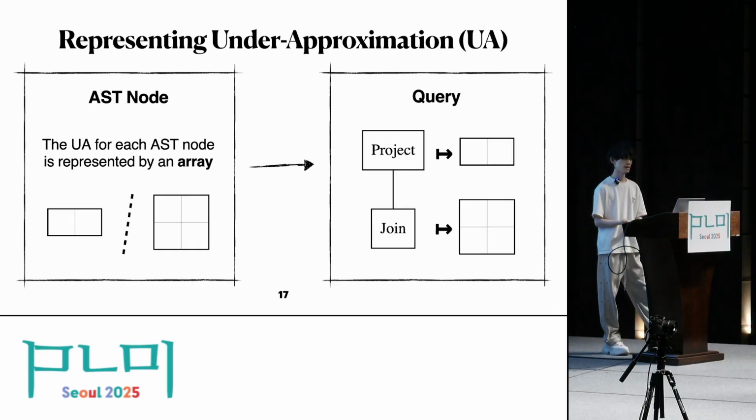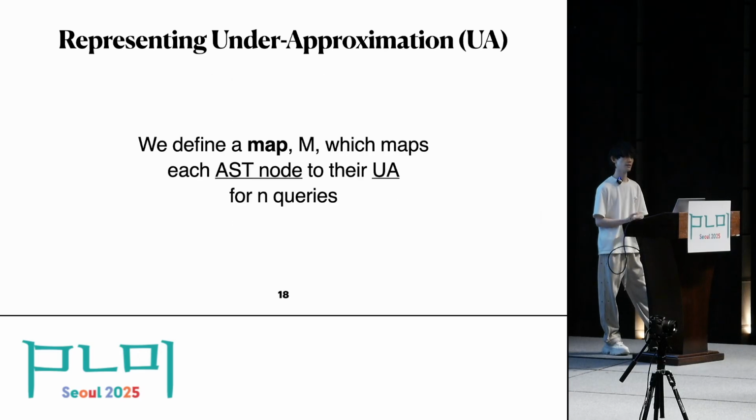The query's under-approximation consists of the array for each AST node of the query. Then for n queries, the under-approximation is described by a mapping M, which maps each AST node of the queries to their under-approximation.